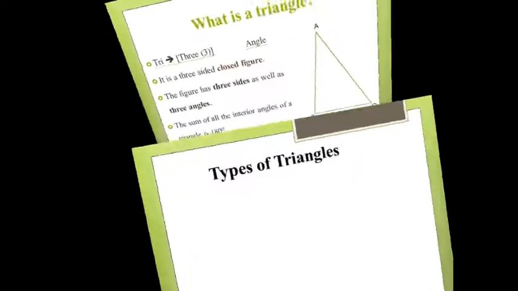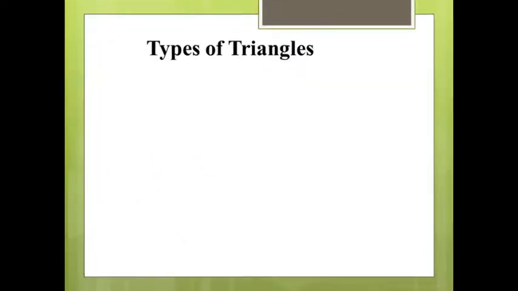Now, the types of triangles. The triangles are basically classified according to two different parameters, in two ways. Number one is according to their sides, or according to their angles. According to the sides, there are three types of a triangle.